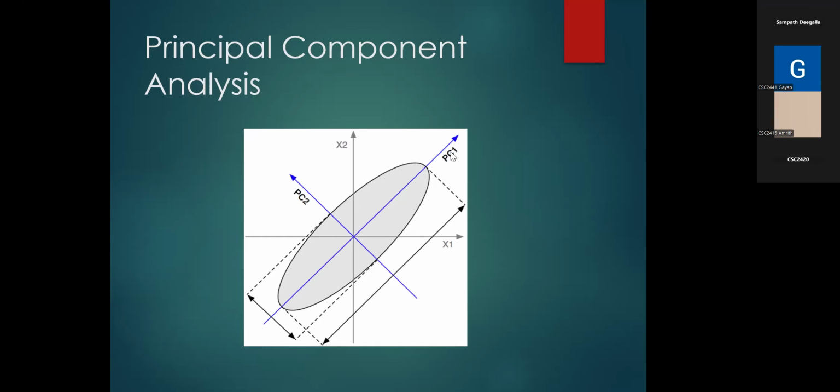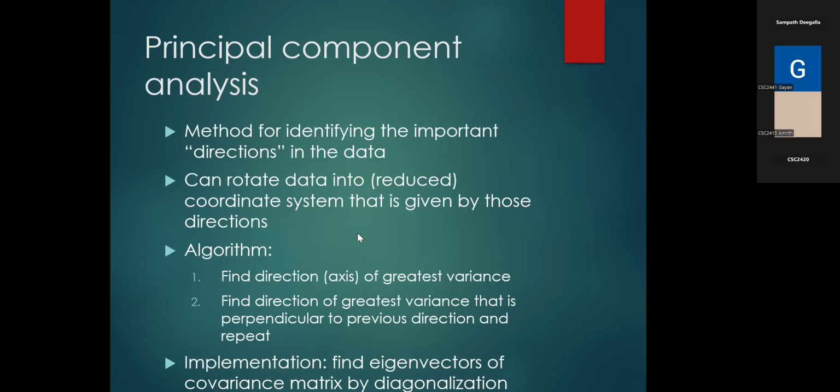And then once you select the first principal component, the second one we select perpendicular to the first one. Right. Although I am not going to give you the mathematical basis, let's discuss the algorithm. What we are going to do is find the important directions based on the variances. So this can be used to get a different perspective of the data.